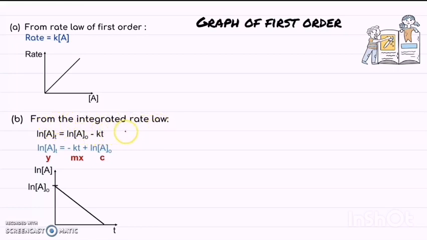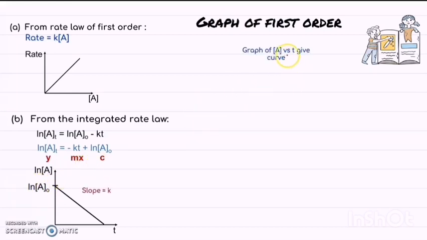So we know that for our first order, the integrated rate equation is ln At equal to ln A naught minus kt. But after we rearrange to relate with y equal to mx plus c, we will plot graph ln At versus t. So the y-axis now is ln A or ln At. Our x-axis is t, time, and our y-intercept here is ln A naught.